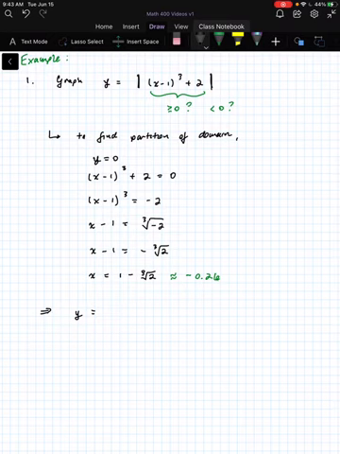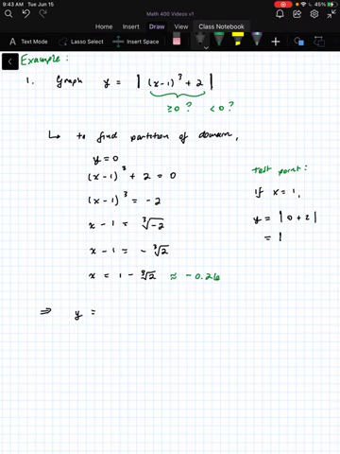So where is it positive? Where is it negative? In order to figure that out, we can take a test point. So for instance, let's plug in 1. So if x equals 1, then y equals the absolute value of, well, 1 minus 1 is 0, so 0 plus 2.